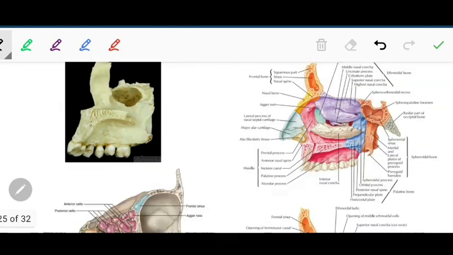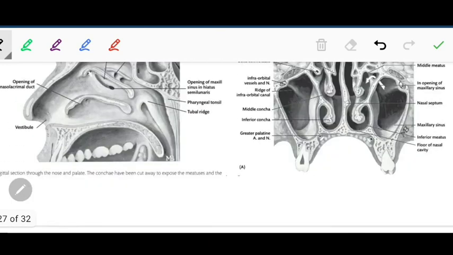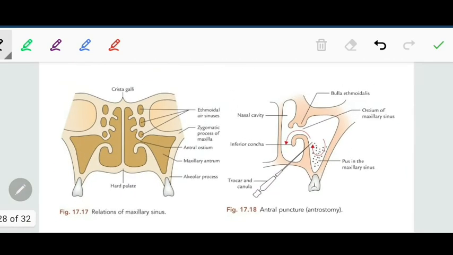Now if we look at this slide, the base possesses the opening or ostium of the sinus in its upper part. So the opening of the sinus is lying at the upper part of the base.